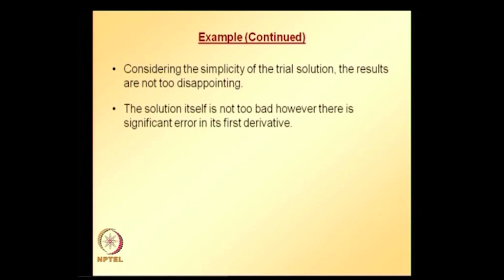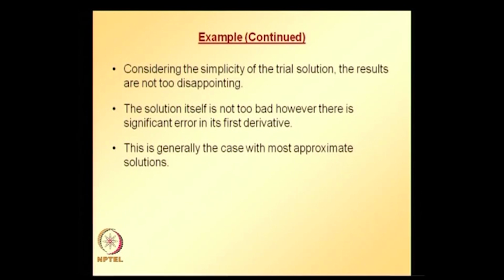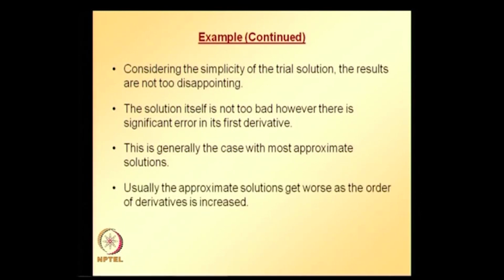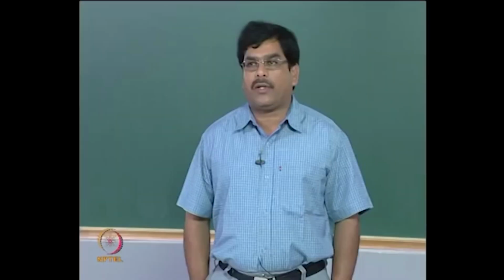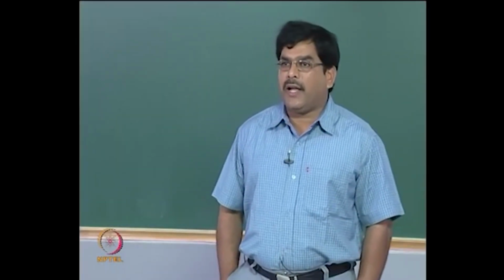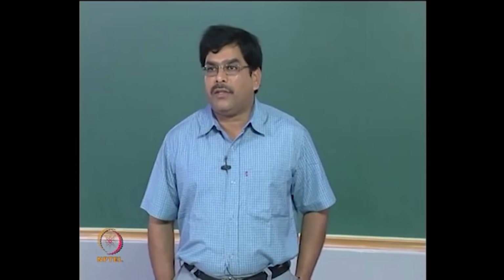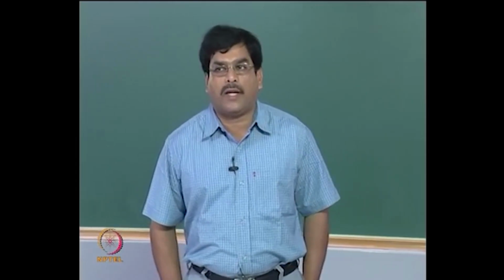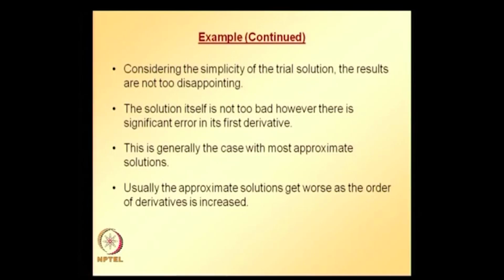Solution itself is not too bad, however there is significant error in its first derivative, that is what you observed, and this is generally the case with most approximate solutions. Usually approximate solutions get worse as the order of derivative is increased. Whatever you have seen there, we plotted only the first derivative, but if you take one more derivative, you will see much more error than in the first derivative.